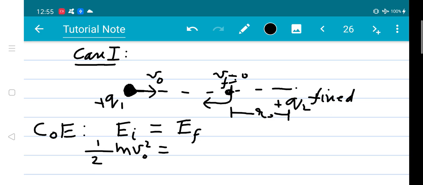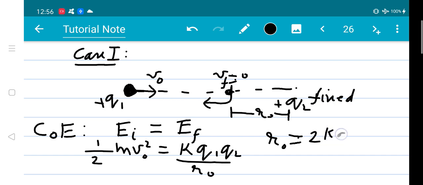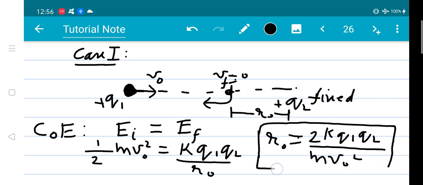So all the energy at this point is only potential energy or interaction energy, which can be given as K Q1 Q2 upon R0. As we solve this, we find that the distance of closest approach R0 will be 2K Q1 Q2 upon m V0 square. So this is the formula for distance of closest approach for this particular case.